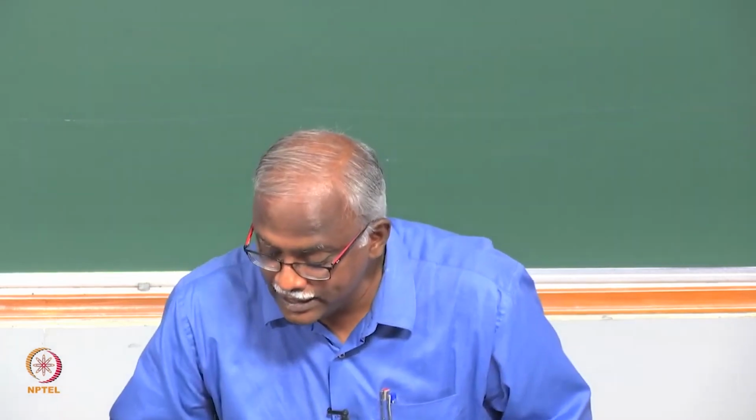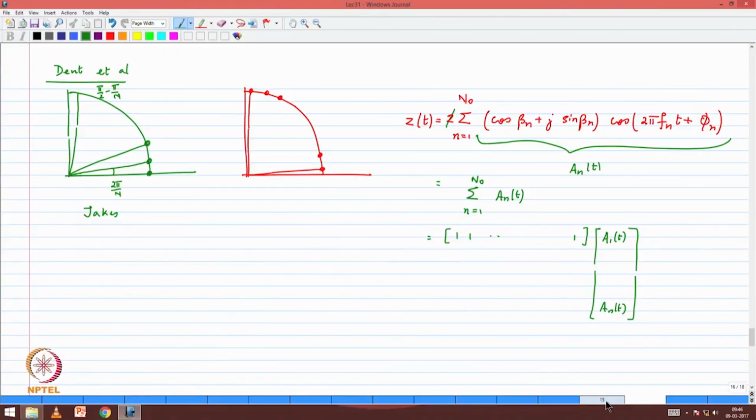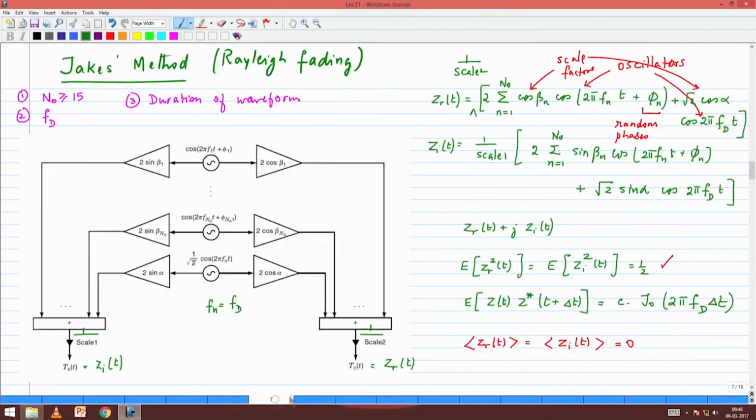Now, didn't Jakes know that you had to get uncorrelated waveforms for fading? Answer was he knew. Okay. And his way was, how do I get uncorrelated fading out of this one? So, he said, well, the only thing that I can ensure that is, see, all the betas and alphas have been frozen, right? So, what you really didn't fix was the phis.